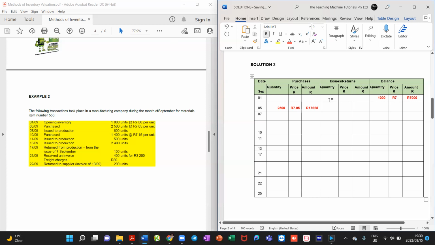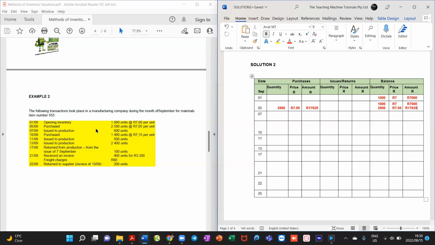Let me bring this down, the 1,000 units at 7 rands, and the amount is 7,000. And then bring the second batch that consists of 2.5 units at a price of 7.05. The amount is 17,625. On the 7th, 600 units were issued to production. I have 2 batches.